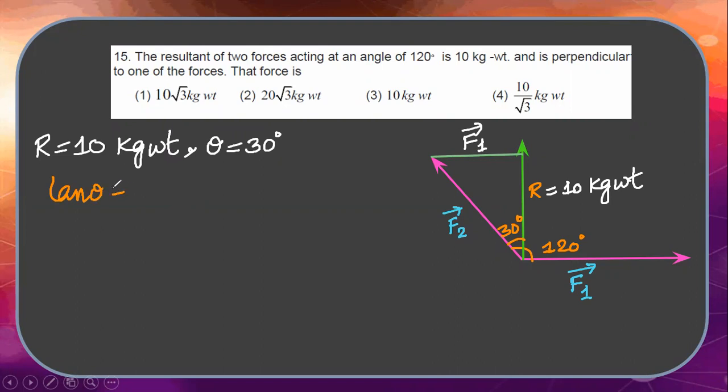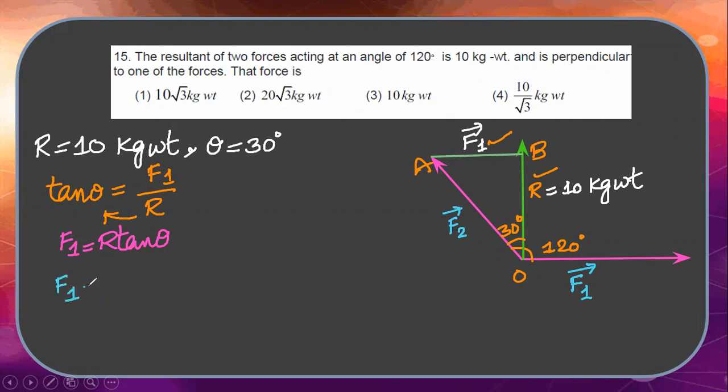from this triangle OAB, this is the opposite side, this is the adjacent side. So tan theta is equal to opposite side by adjacent side. Then on bringing this to the left side, F1 is equal to R tan theta.